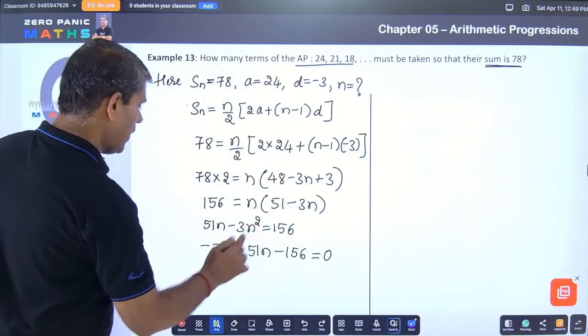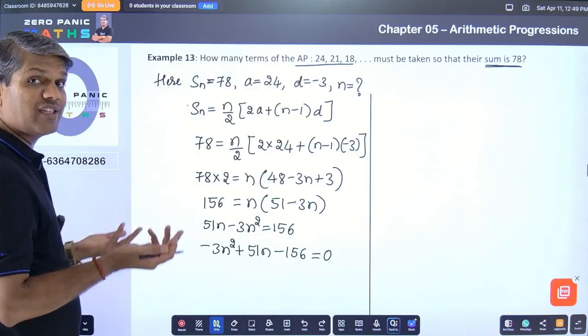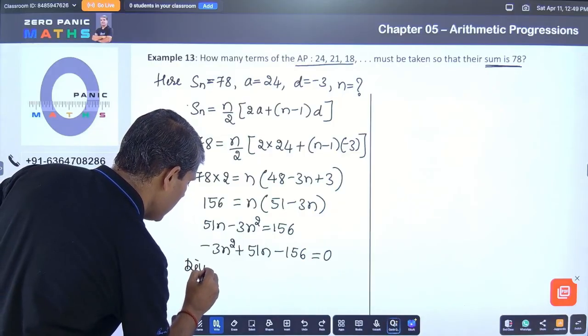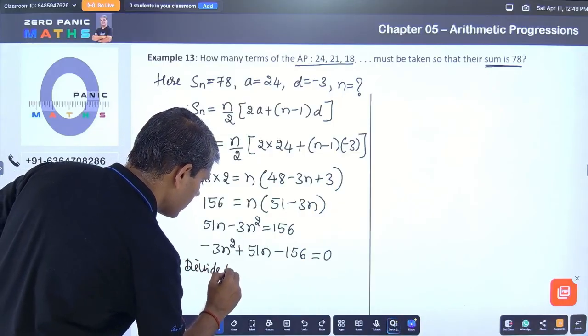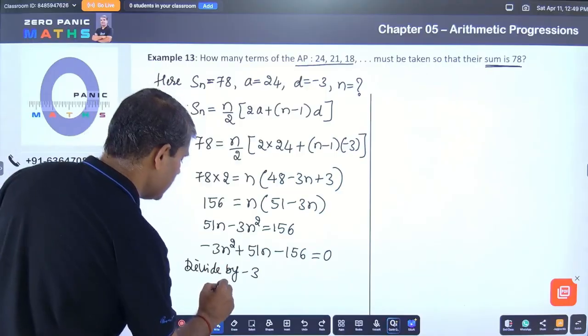So multiply by minus throughout and divide by 3 also, or divide by minus 3. You can say divide it by minus 3.